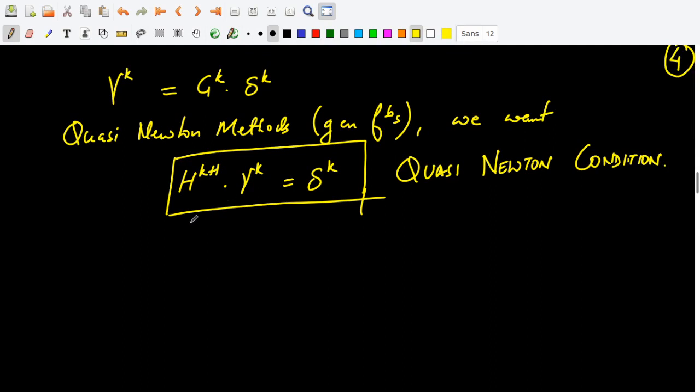That is why H_{k+1} is an approximation to G_k inverse. So this condition is important. We would like the choice of H to satisfy these conditions.